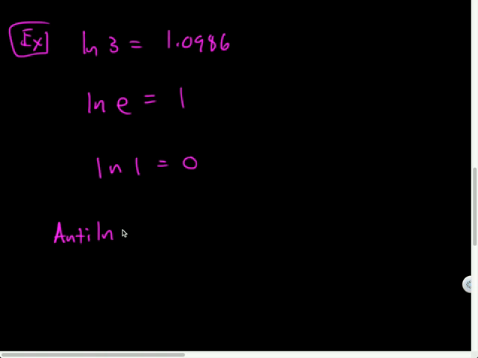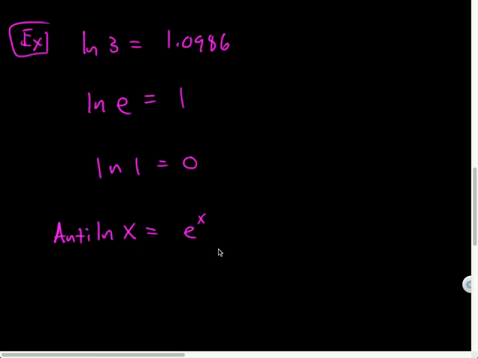What would a good number be? Let's just call it x. Anti-ln of x. So what do you think that would mean? What would the inverse of ln be? x raised to e? Close. This would be e raised to the x.